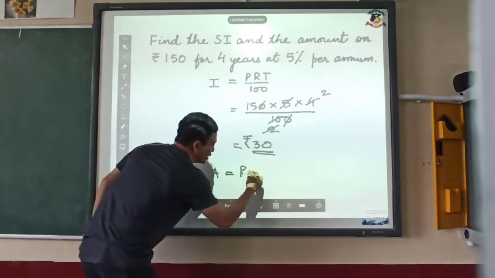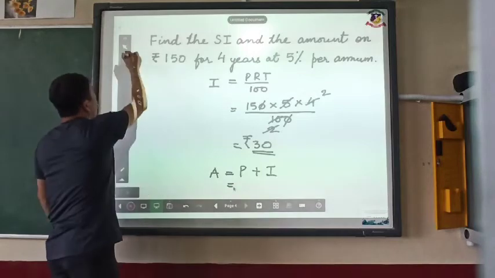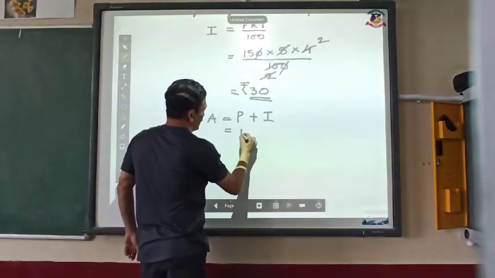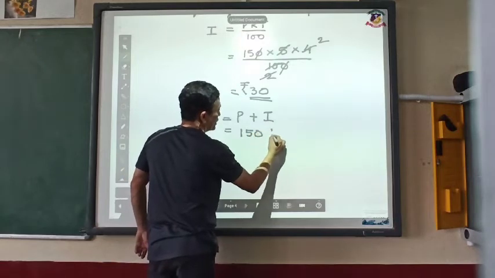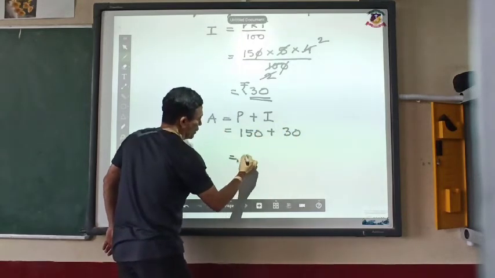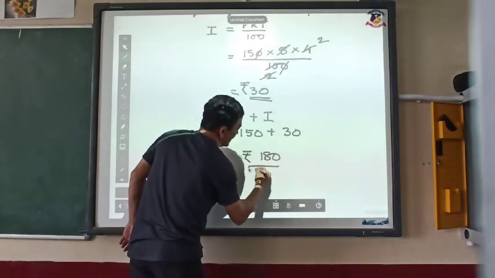Amount is principal plus the interest. So principal, according to the question, is 150 rupees plus the interest was 30 that we got from here. So the amount you have to pay back to the bank is 180 rupees.